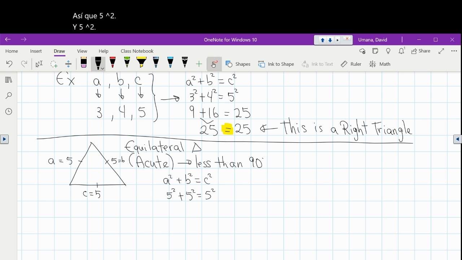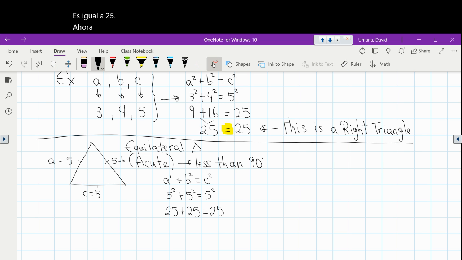I chose 5 because 5 is easy. In other words, how much is 5 squared? 25. So 5 squared, 25, plus 25 equals 25. The same for all of them.